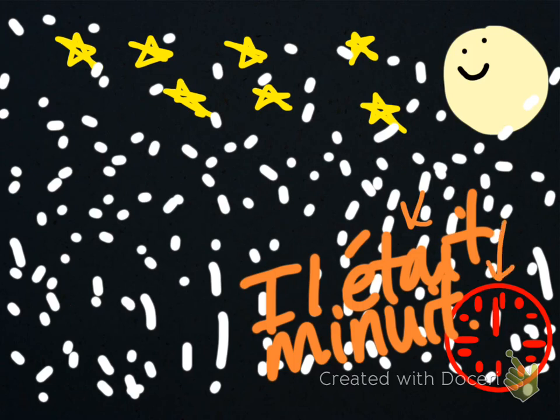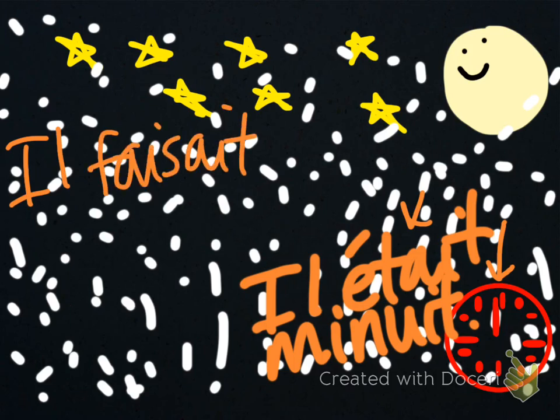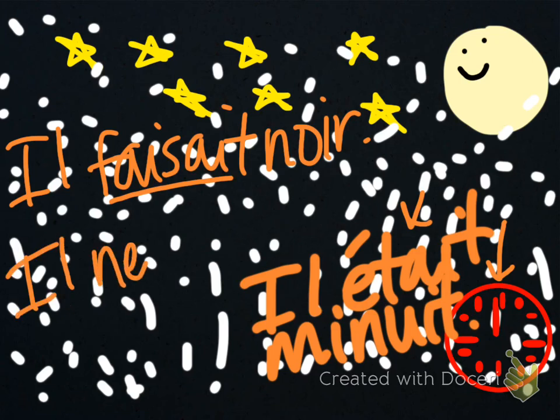Another thing we could say is il faisait noir. It's dark out. We use the expression il fait noir, but we put faire, faisait into the imparfait. And then the other one we could describe, il neigeait.